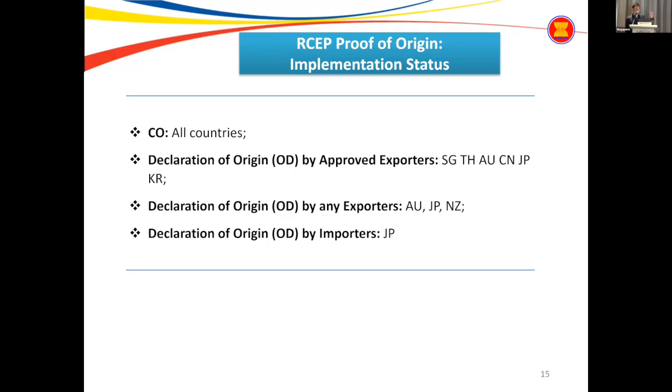I mean, it's a must, but you can have an early harvest if you want. That's why Australia, New Zealand, and Japan implemented now the same as what they implemented under CPTPP, and for declaration of origin by the importer, only Japan.